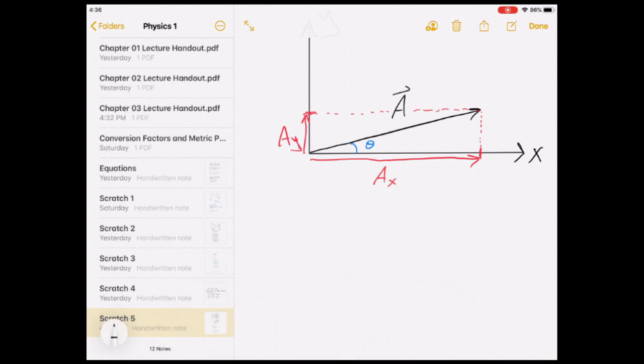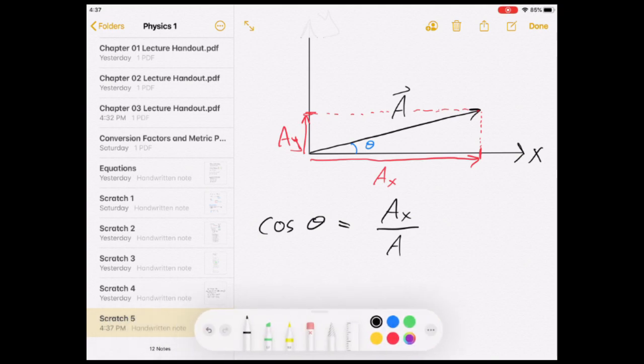Cosine is adjacent over hypotenuse. So cosine of theta is adjacent A sub x over hypotenuse, which is A. Often I'll rewrite this as A sub x equals A cosine theta.